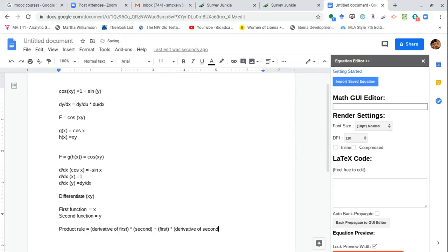Now we know what the first function is, and we know what the second function is, and the derivatives are up here.